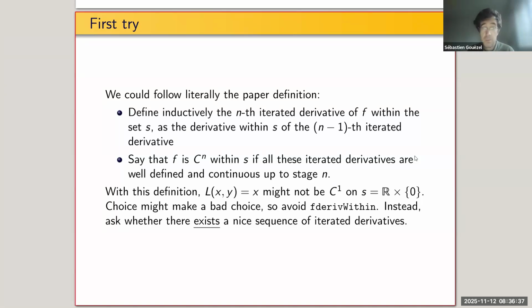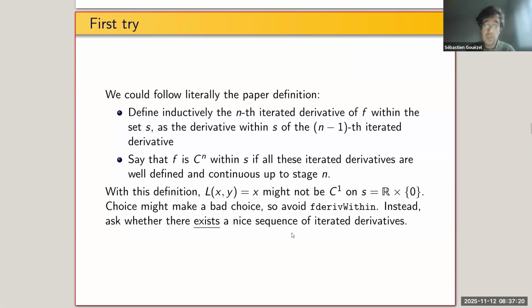I showed you an example where, since there is this use of choice in the definition, the derivative within S could oscillate between the maps L and M. It could be non-continuous, even non-measurable. So this function possibly is not C1 on R times 0, and that's really bad because this function is C1 on the whole space, and you want to say, okay, if I'm C1 on some set, I take a smaller set, I'm still C1 on this set. And that wouldn't be satisfied with the definition I've written. So that's a bad definition.